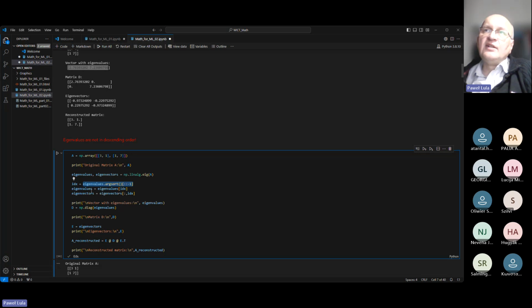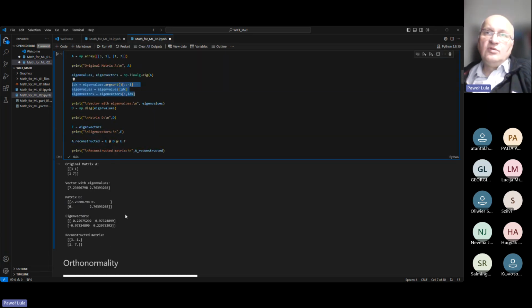And I change the order of eigenvalues using these indices, and also change the order of columns in a matrix with eigenvectors. So it is here. I use this modification in my program, and now we see the result.